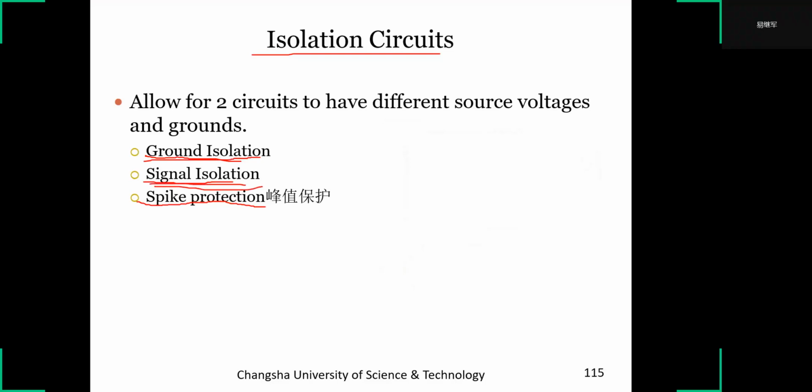Signal isolation. We can isolate the signal from the high voltage to no voltage, from the high frequency to the low frequency.